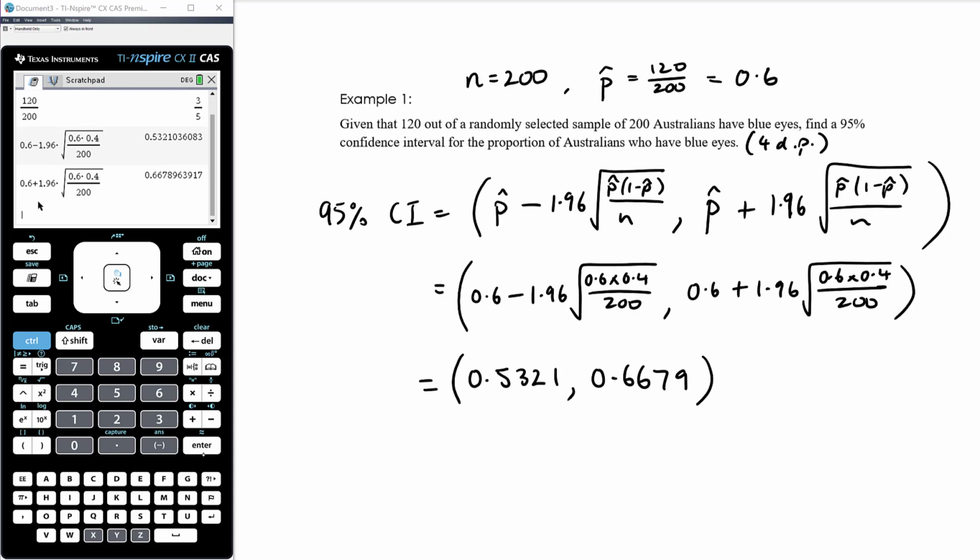So we can be 95% confident that the population proportion of those with blue eyes is somewhere between 53% and 67%. Okay, we can be 95% certain that somewhere between 53% and 67% of the Australian population have blue eyes, is essentially what we are learning from that.